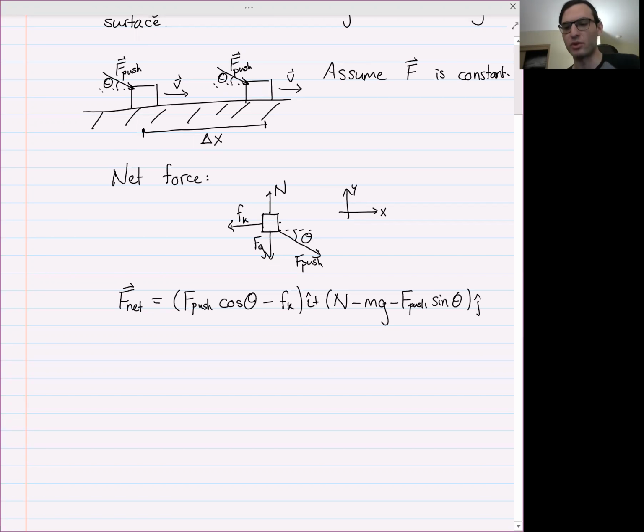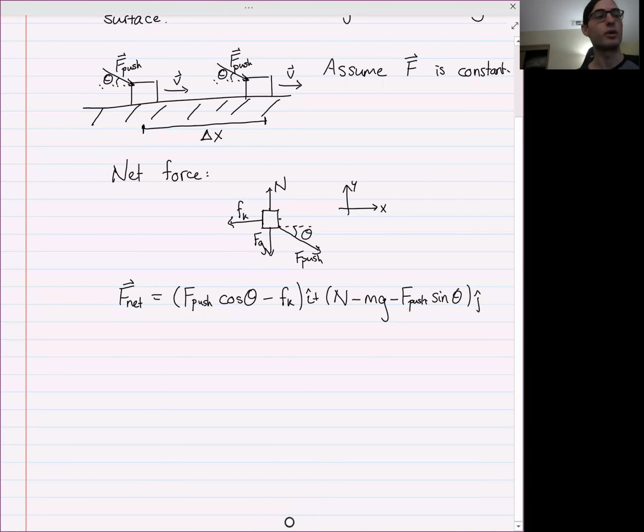We could perhaps do some simplification by noting that it doesn't accelerate vertically. So we could perhaps rewrite N in terms of mg and F push. But I'm not going to go that far because it won't illustrate anything new. The next thing that we need to know in order to compute the work done is what the path is.